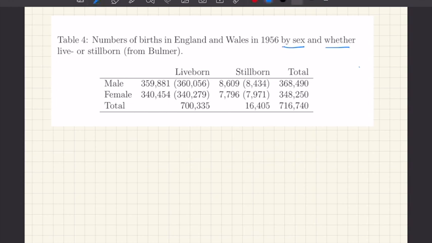Each infant, like newly born babies, was categorized according to their sex, male or female, and live born or stillborn. Live born means they were born alive, and stillborn means they were born dead, unfortunately. So these are the numbers here, and the total is this.